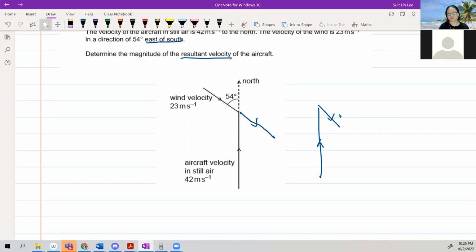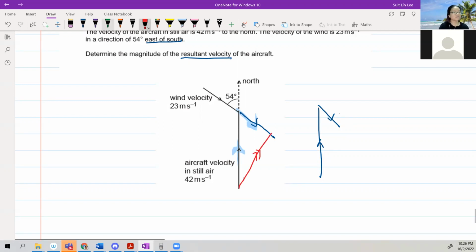Cannot. It's the same arrow. And where's the resultant? Going up, then going down will be the same as here to here. This is not a cyclic triangle, this is the resultant.